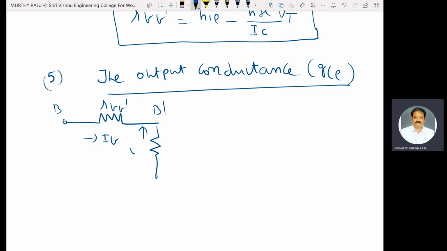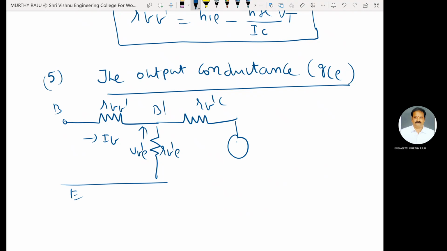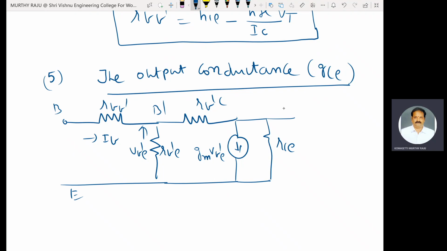This one is VB dash E, emitter, RB dash E, some feedback resistance RB dash C. This one is GM into VB dash E, RCE. This one is the collector current. This one is VC, with the collector terminal.